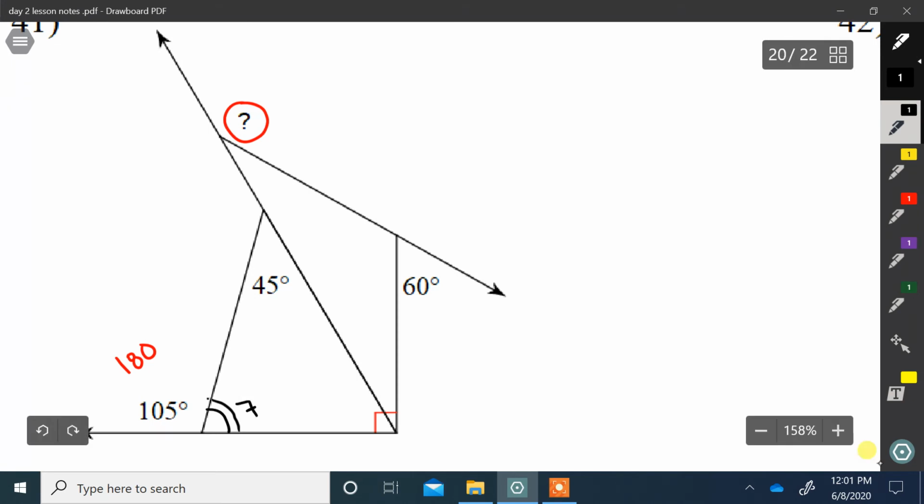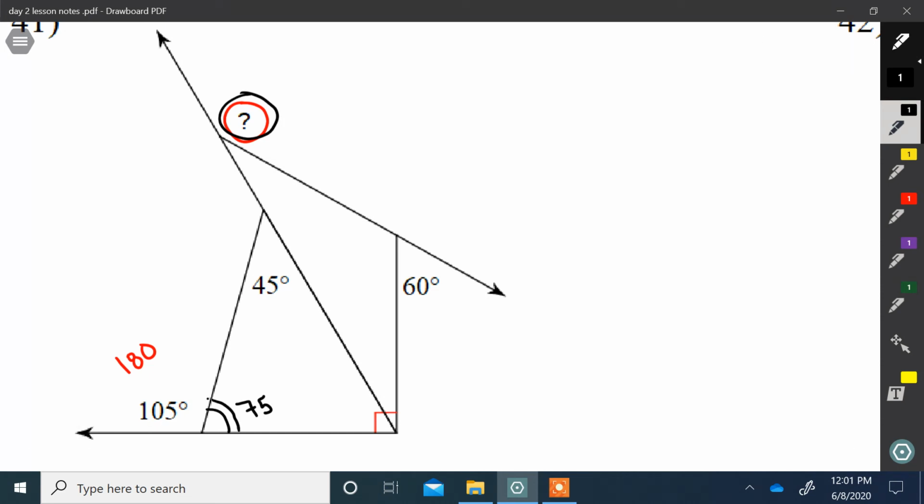And that will give me 75 right there. Okay, so I found one angle there. We're still trying to find this one here. But in order to get there, we have to know what this is first. In order to find that one, we gotta find all the other ones. All right, so how do I find this angle now?